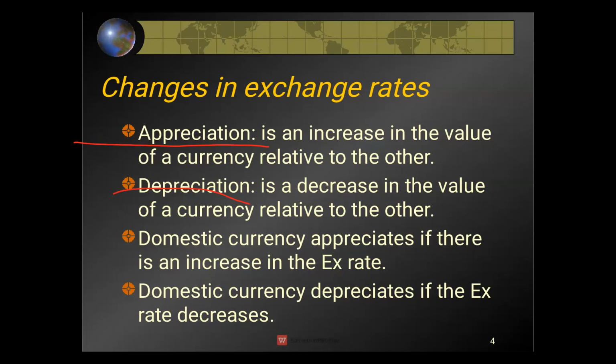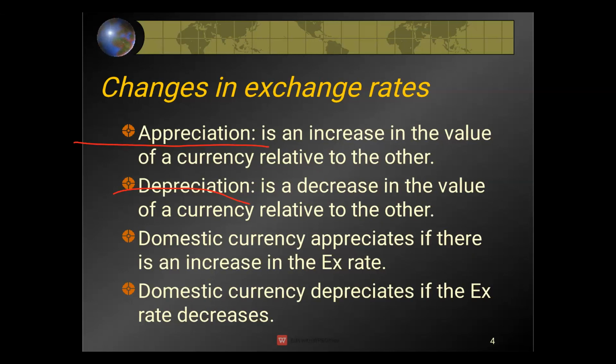Okay, so you find that the domestic currency will appreciate if the exchange rate increases. This is the direct way of looking at the exchange rate. However, you can still analyze it in an indirect way, because there are two approaches that you can use to measure the exchange rate: the indirect approach and the direct approach.